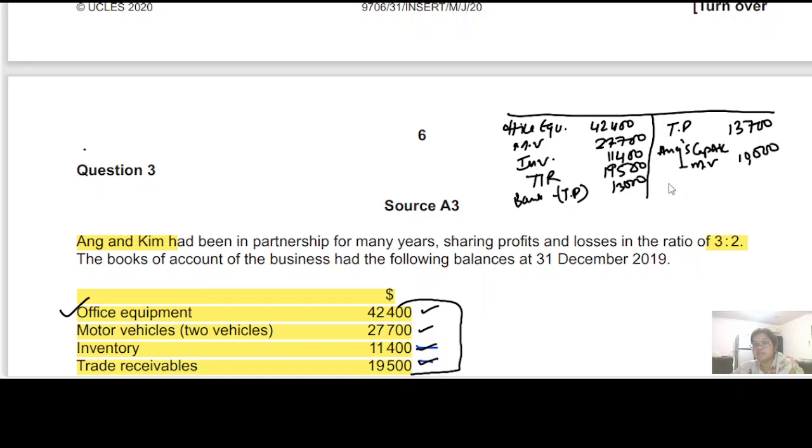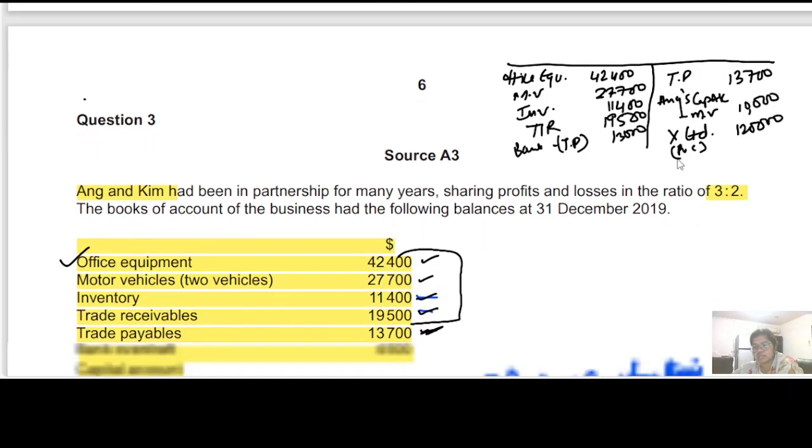And X Limited purchase consideration, which we calculated when we calculated it in the A part. So that's it, there is nothing else.